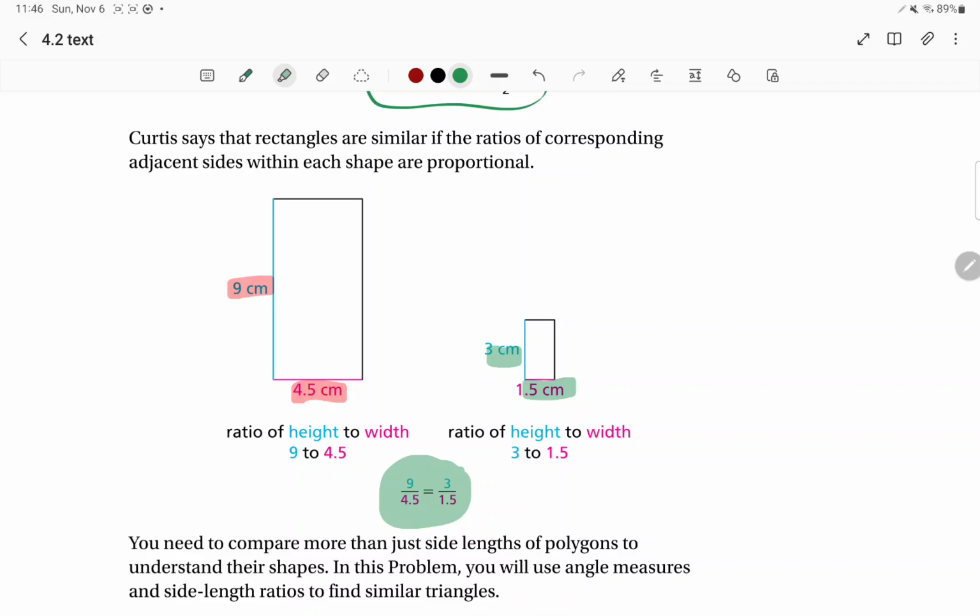If you put those in a calculator and simplify them all the way down, they are equivalent to each other. Now, this one only works because it's rectangles. Like we saw with parallelograms, it doesn't always work depending on the angle. But in a rectangle, since the angles are always 90 degrees, they will always be the same.